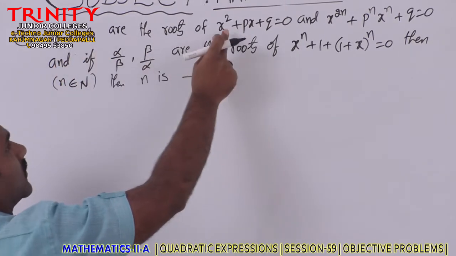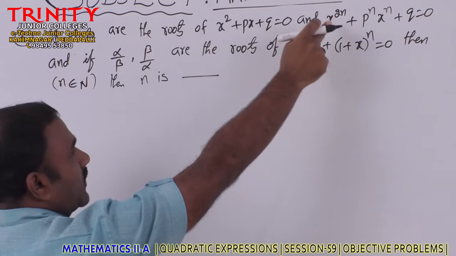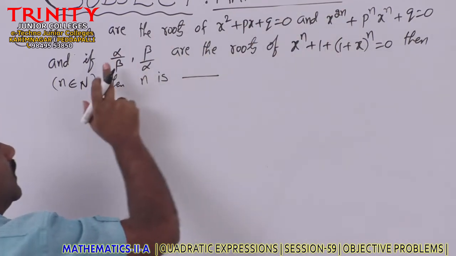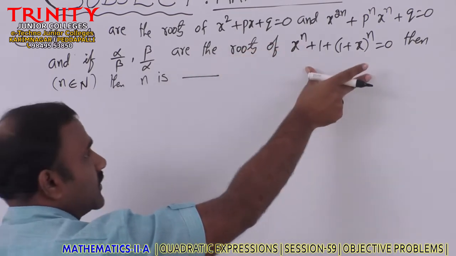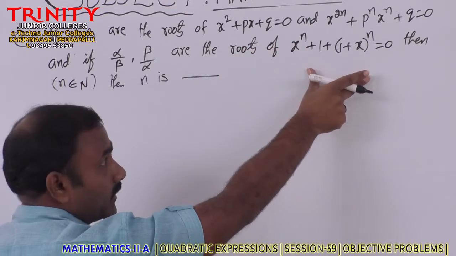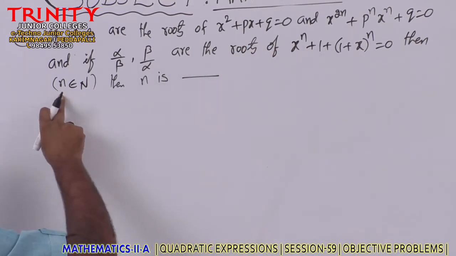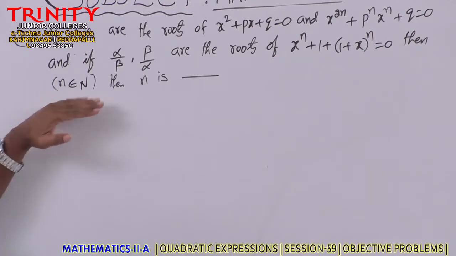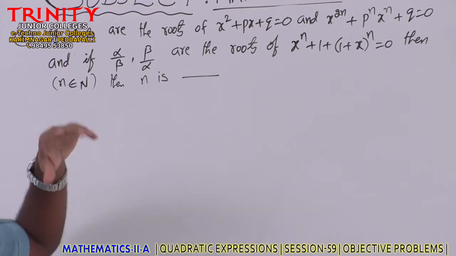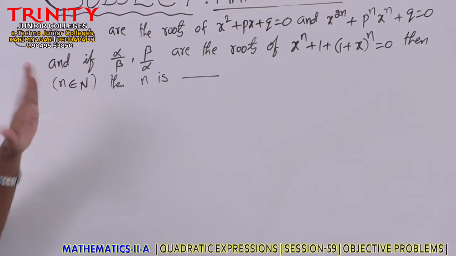Alpha, beta are the roots of this equation and this one. If alpha by beta, beta by alpha are the roots of this one, then he was saying that n is a natural number, but in that natural number, is n an odd number, or an even number, or any natural number, or none of the values.